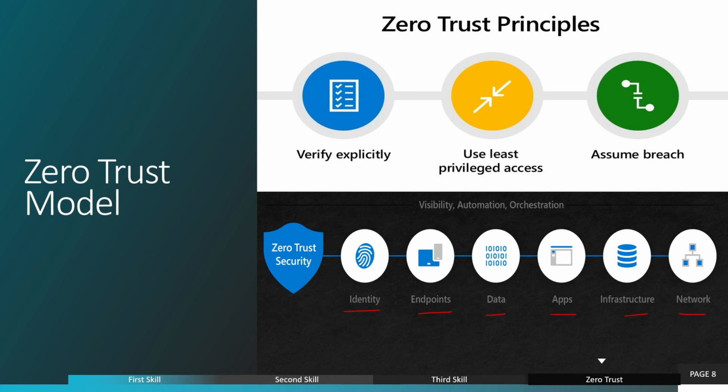Now, it assumes that no entity or resource is trustworthy by default and requires continuous verification and validation of the interactions. So what it aims to do here is that it minimizes the attack surface and prevents unauthorized access, data breaches, and cyber attacks because it applies granular policies and controls across the entire IT environment.